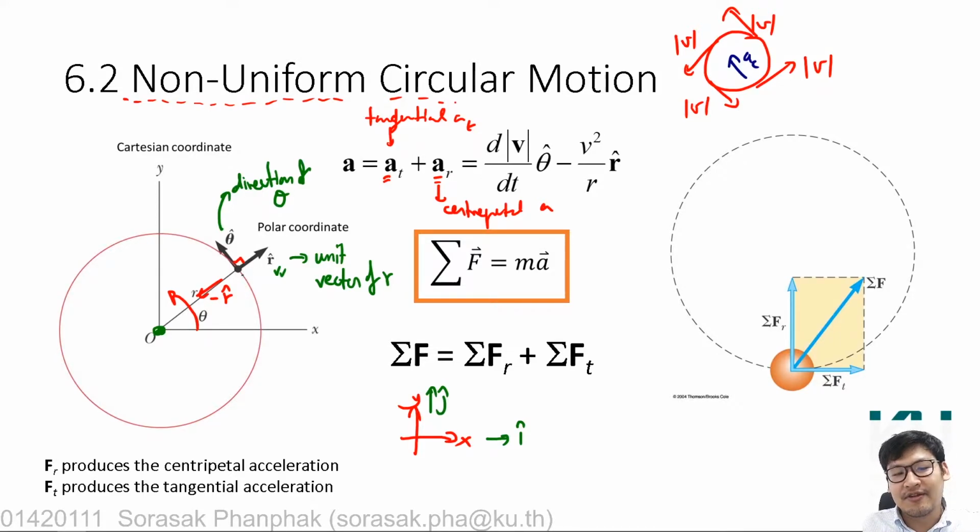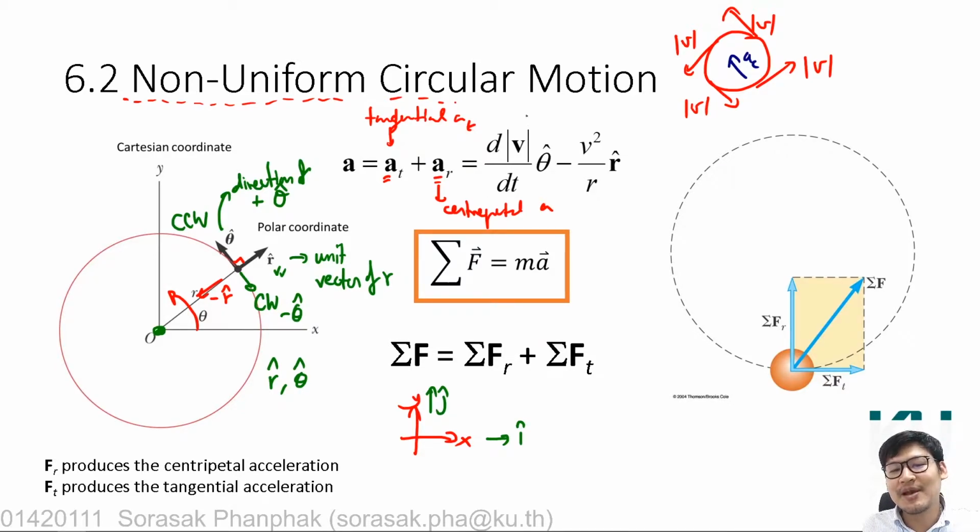When it's pointing counterclockwise, it's going to be plus theta hat. If it's clockwise, theta hat becomes minus theta hat. So you now introduce r hat and theta hat as unit vectors to tell whether it's pointing toward the r direction or the theta direction.